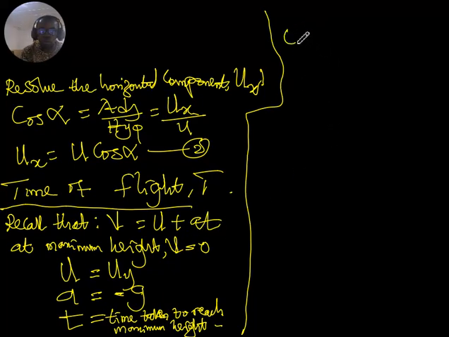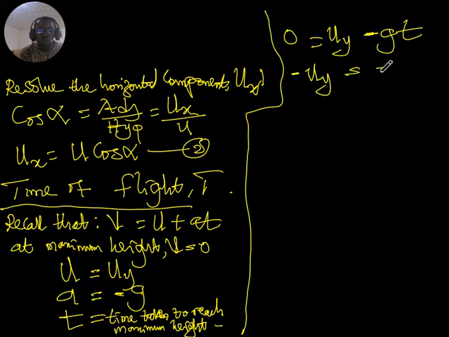We have 0 equals u, now u of y, minus g t. Take this u of y to the other side, that gives minus u of y equals minus g t. Negative cancels negative, so we'll be left with u of y equals g t.